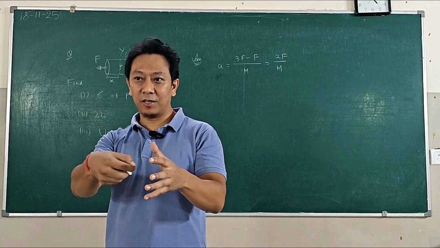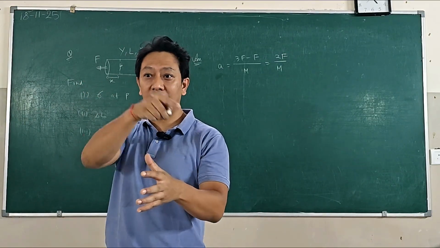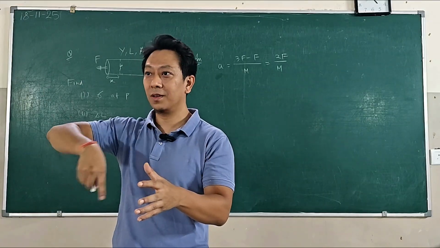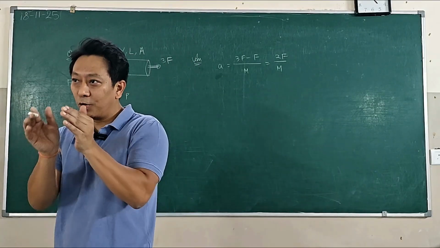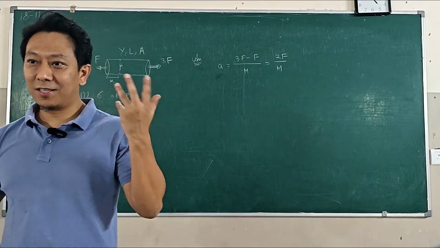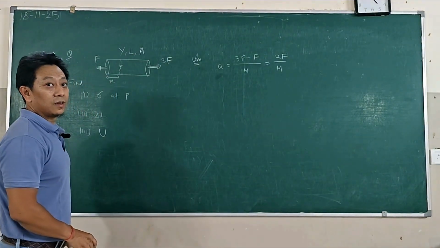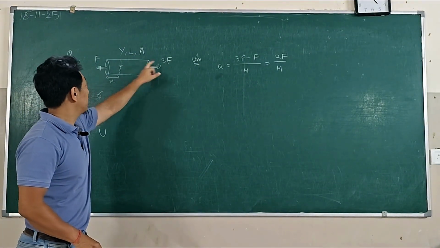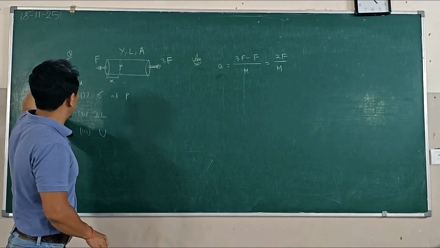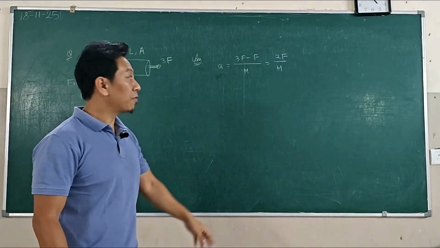If people ask the tension on this block, first we find A of the whole system. Then we apply Newton's law for one block and find T. Same story. First find A of the whole system. Total external force 3F minus F. Sometimes they will apply F here only. Then what will you write?